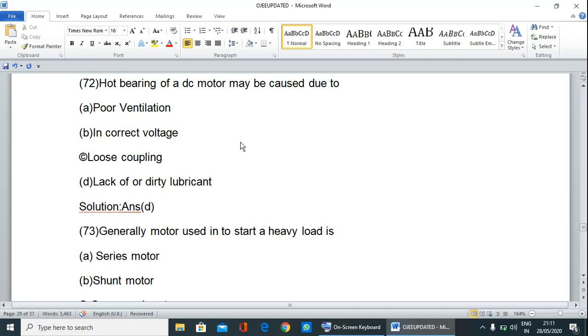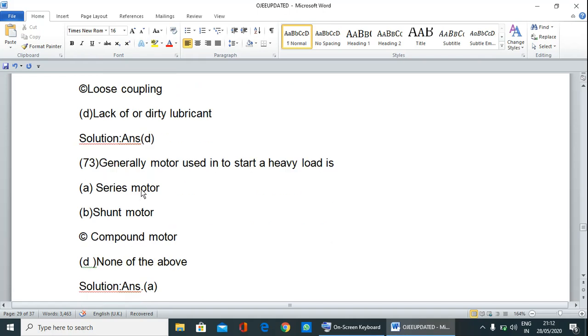When friction increases, then that situation is called hot bearing. It means due to shortage of lubricant, or lubricant becomes damaged or very dirty or poor lubricant, in that case, the heat is generated in the bearing. So correct answer is D.